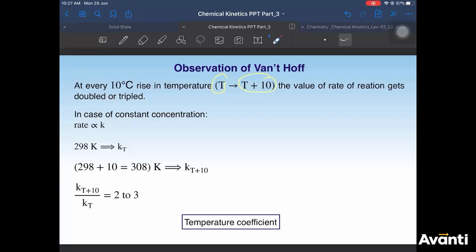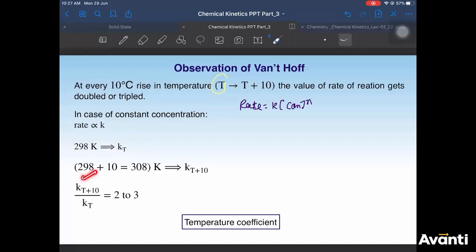Let us say rate is proportional to rate constant K. We already know that rate is given by concentration of reactant into rate constant. So the more the value of the rate constant, the more the rate of the reaction. So rate is proportional to K. At 298 Kelvin, your rate constant is KT.